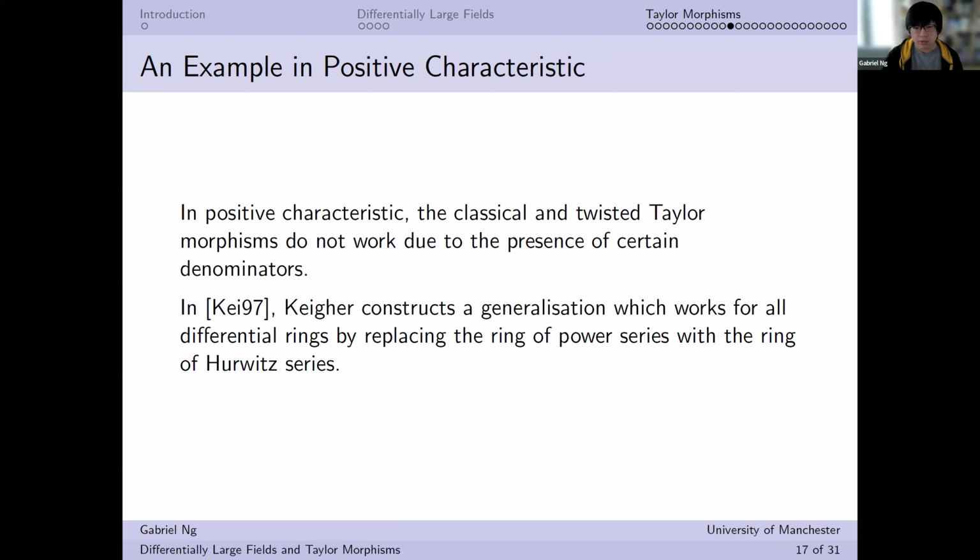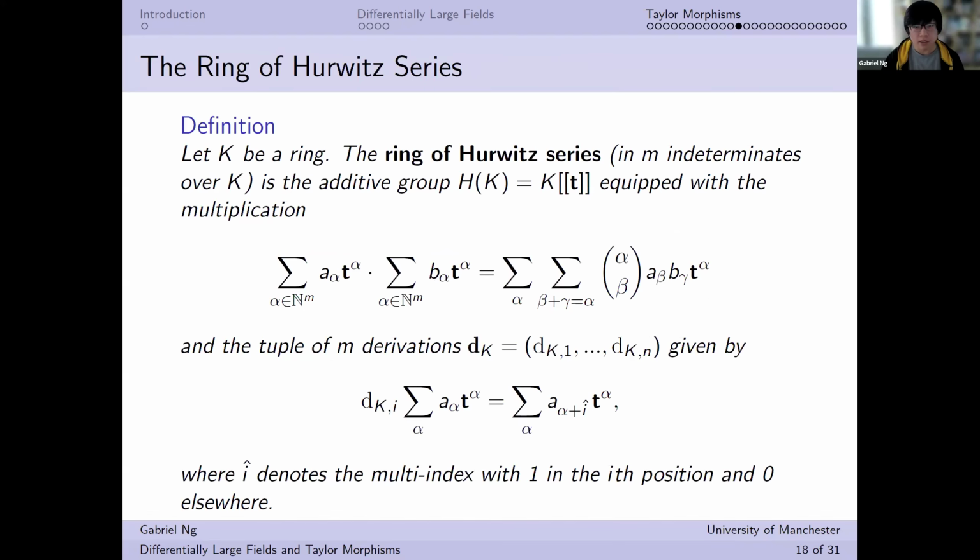And to do this, we replace this ring of formal power series with this ring of Hurwitz series, which we'll explain. So let's first let K be a ring of any characteristic. It doesn't need to be a field or a domain or anything like that.